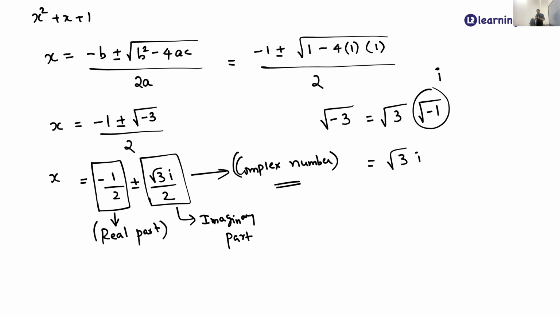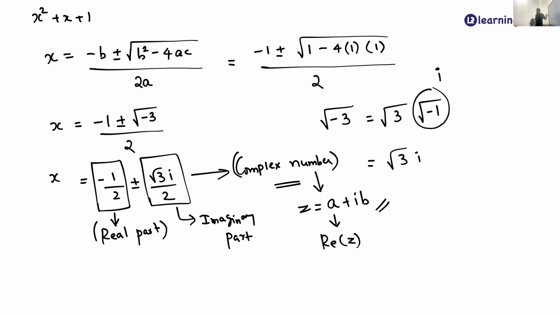So to put it simply, complex numbers are represented by the symbol Z. How are they represented? With Z is equal to A plus iB, where this A can be called Re of Z. So how do you read it?